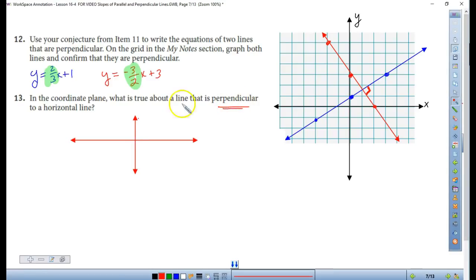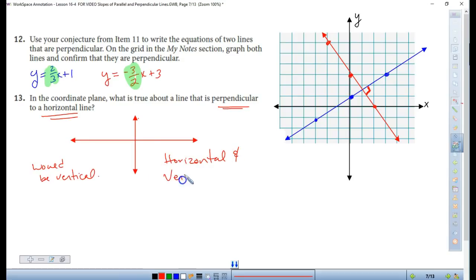So a line that is perpendicular to horizontal would be vertical. So what you want to know is horizontal and vertical lines are perpendicular to each other. That's really important to know.